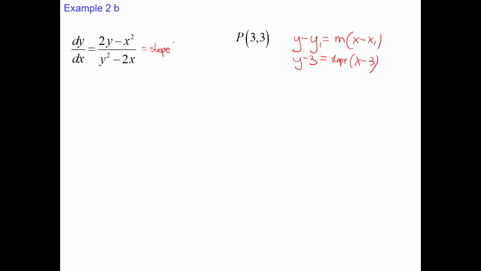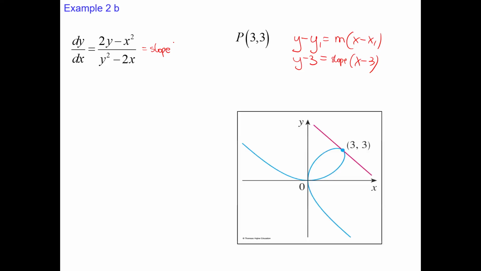We can just substitute 3 instead of x, and you may notice we will also need the y value, which we usually don't need. Since it's (3, 3), we substitute 3, and substituting 3 we get -1.